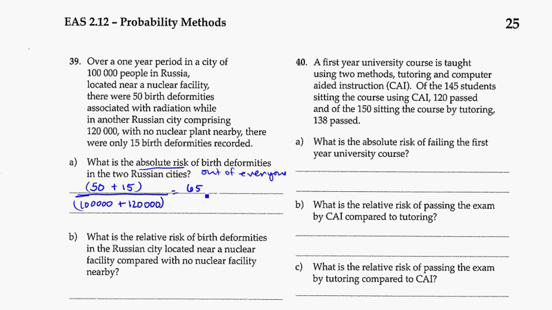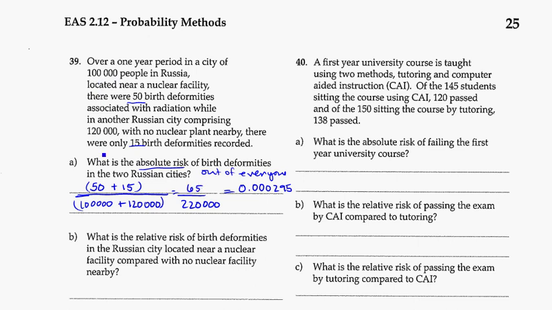So this is 65 over 220,000. And that gets us 0.000295. So a less than 1% chance of having a birth defect. Remember, absolute risk is always out of everyone, so we had to put all those together. I've got 50 birth defects there, 15 there, so a total of 65 out of the total from both cities combined.